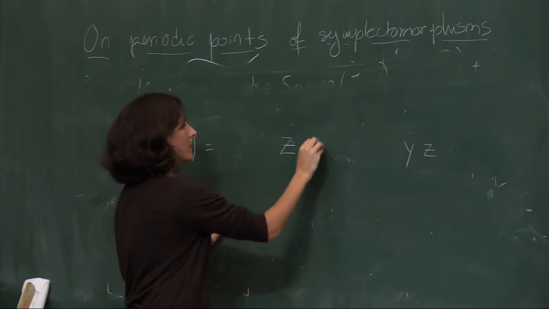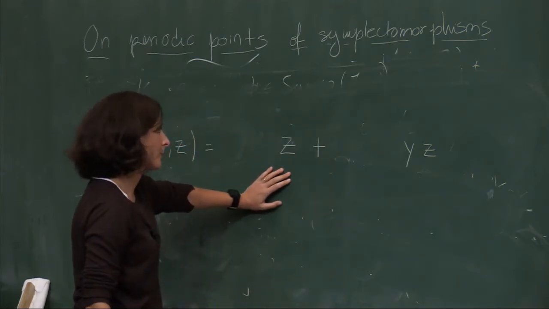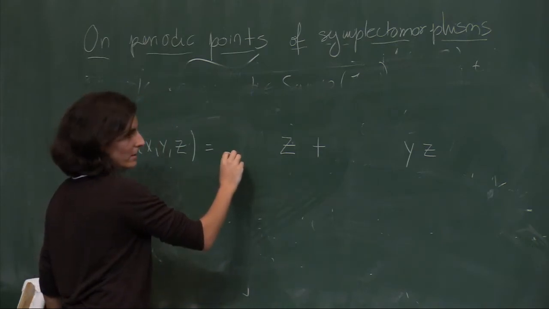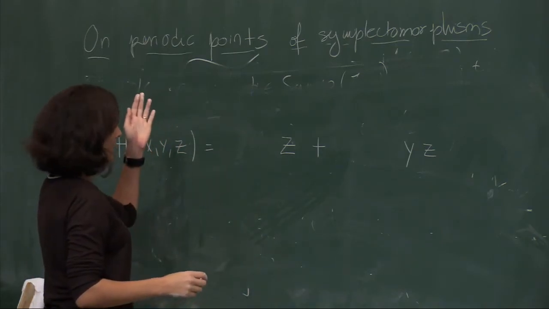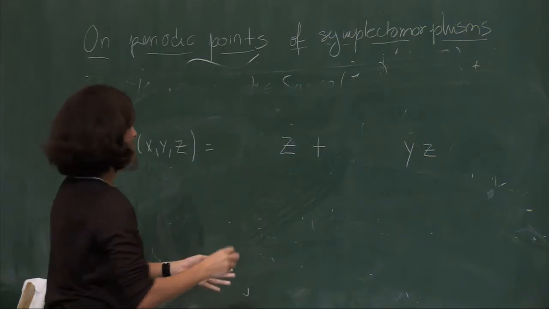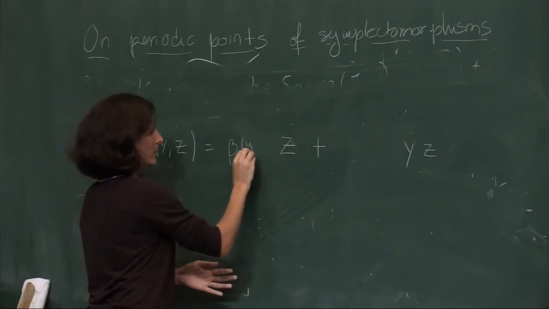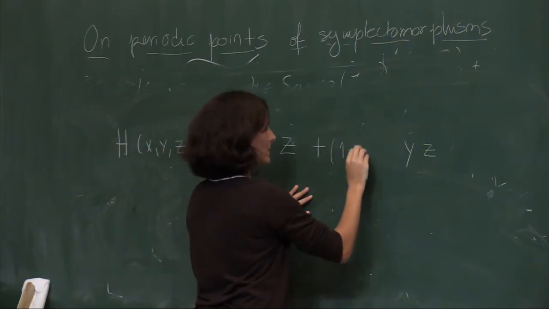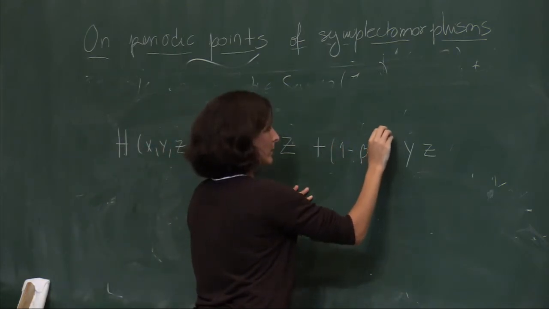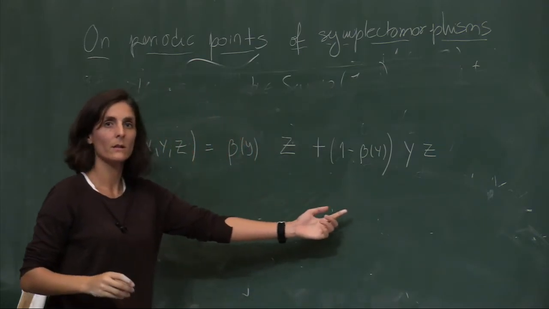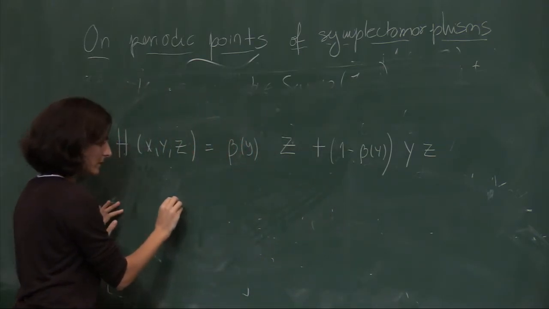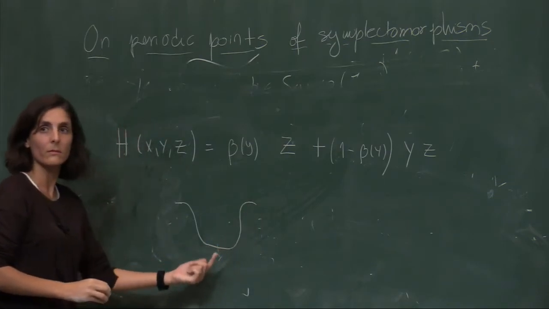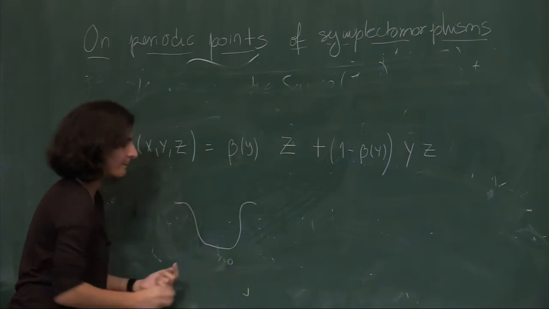Okay, so I'll consider h to be something like, so when y equals 0, something like this, beta of y, and this should be 1 minus beta of y. Beta is just a smooth function that's, when y equals 0, y equals 0.